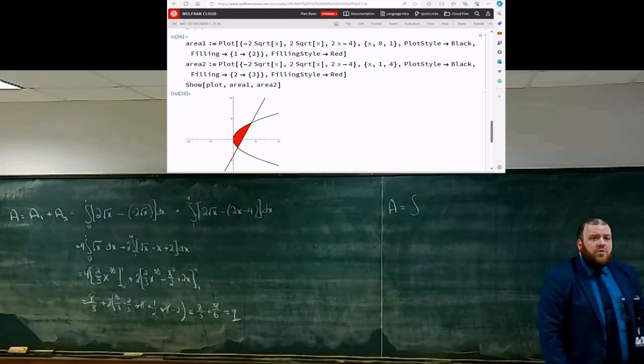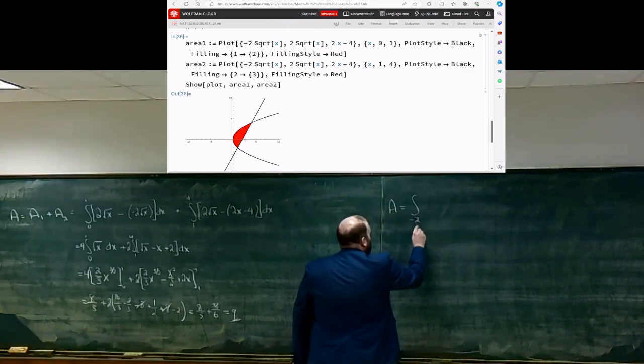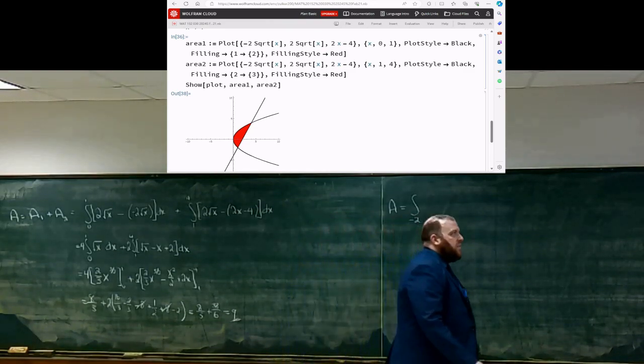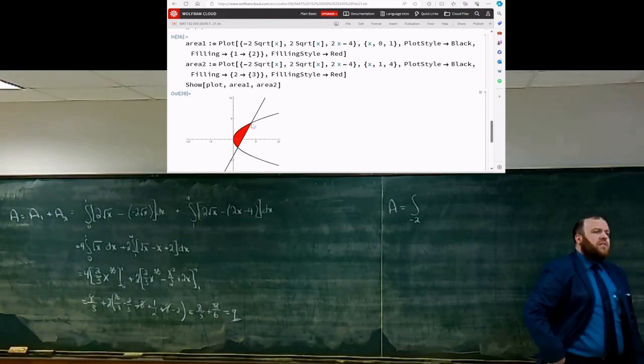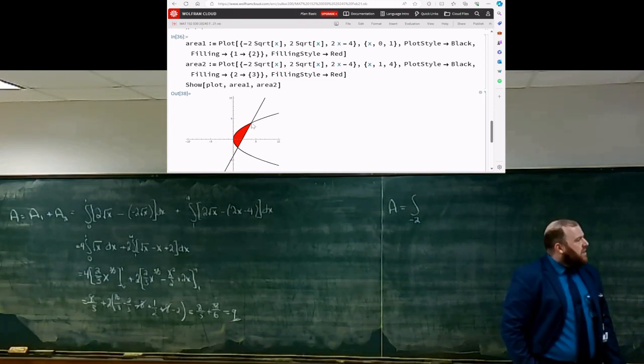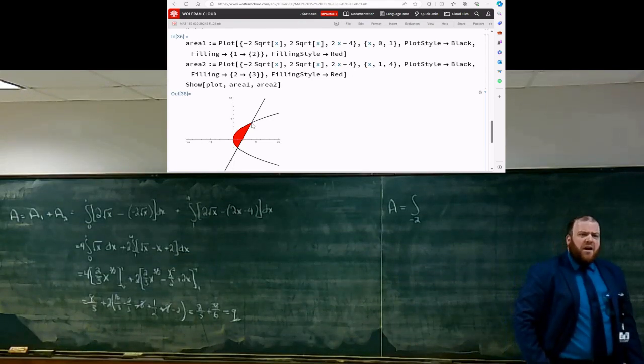That's the 2x. Negative 2, right? The upper limit for y would be this point of intersection here. We said x is 4 there. So it'd be 8 minus 4.